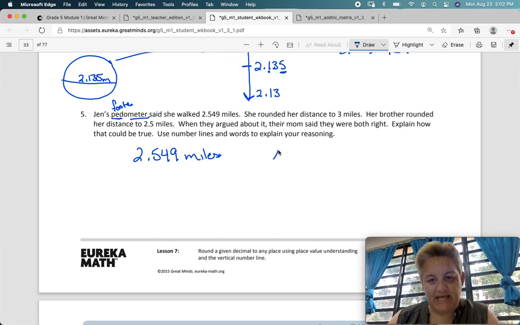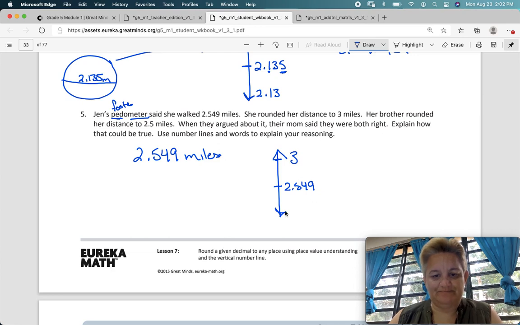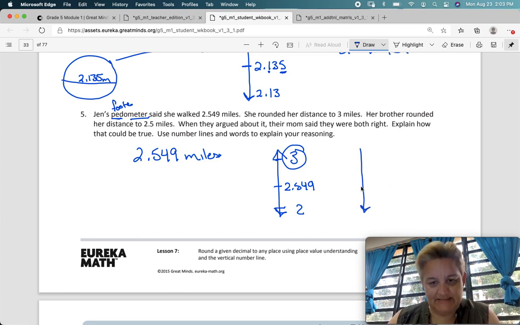Okay, so she had this distance here, and she rounded to 3 miles. So she went all the way up here to 3 miles. Her brother rounded that same distance, 2.549, to 2.5.